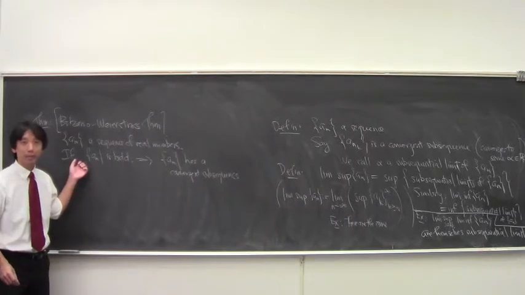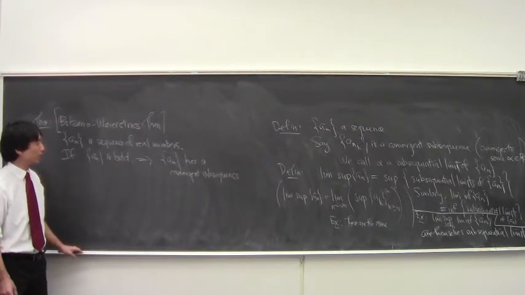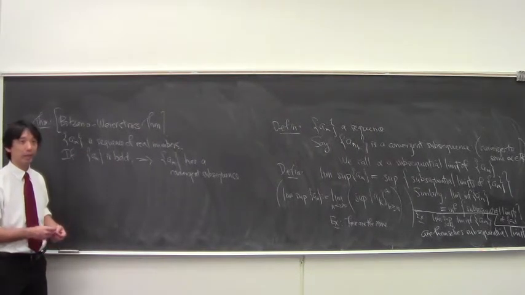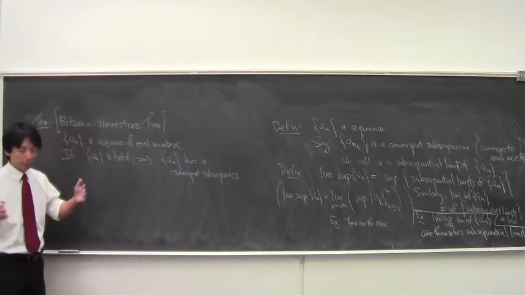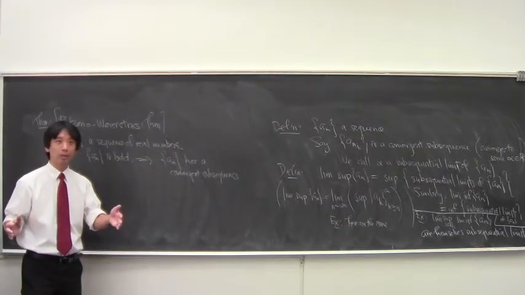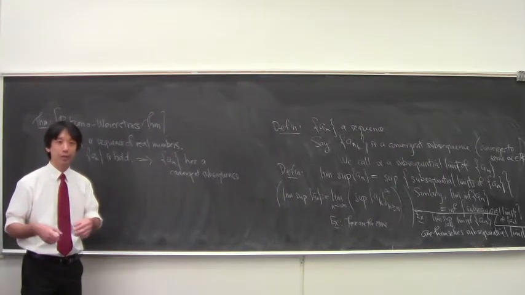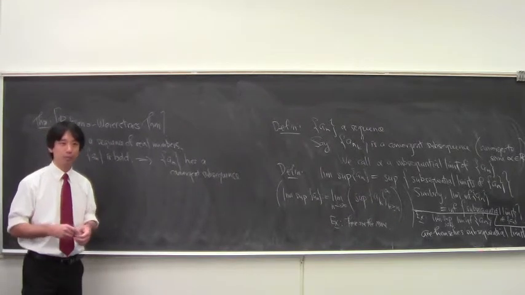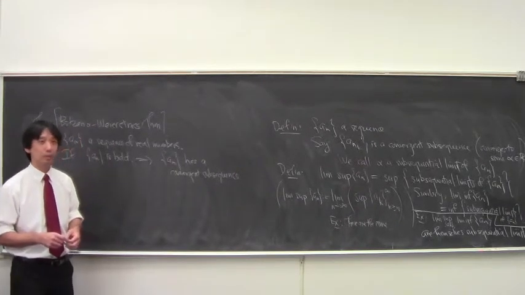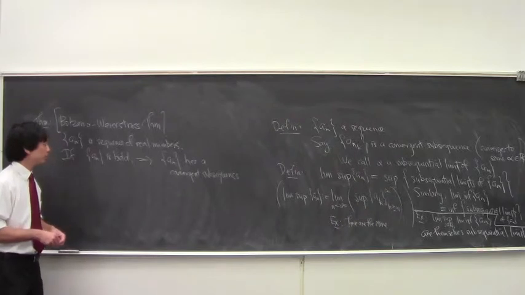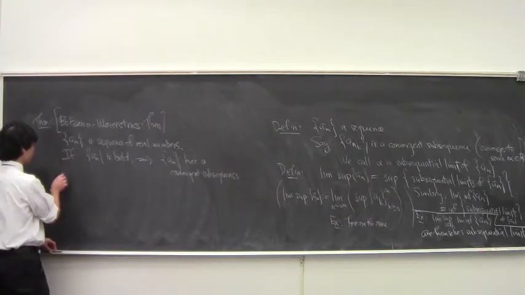Okay, why does that make sense? Can somebody give me an intuitive idea of how that's going to work out? You have a bounded sequence. Why are you guaranteed a convergent subsequence? So let me break it into a couple of cases.